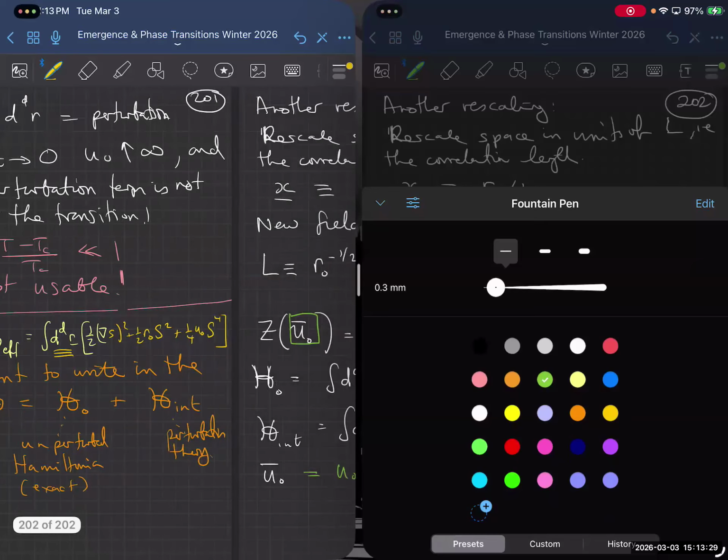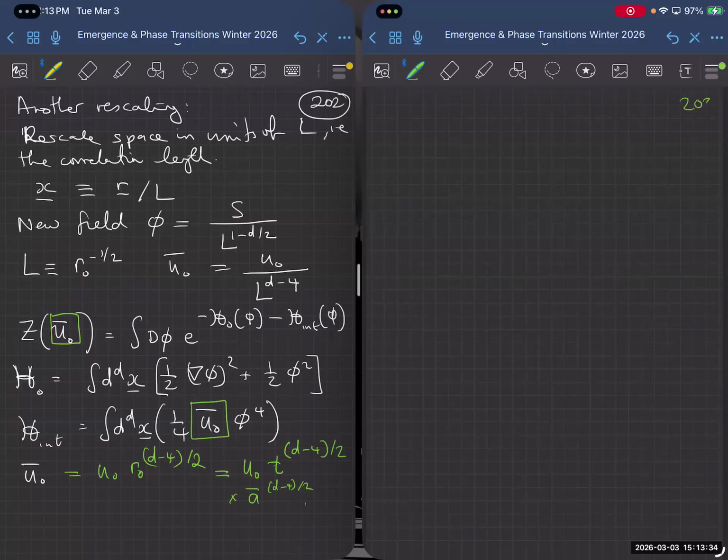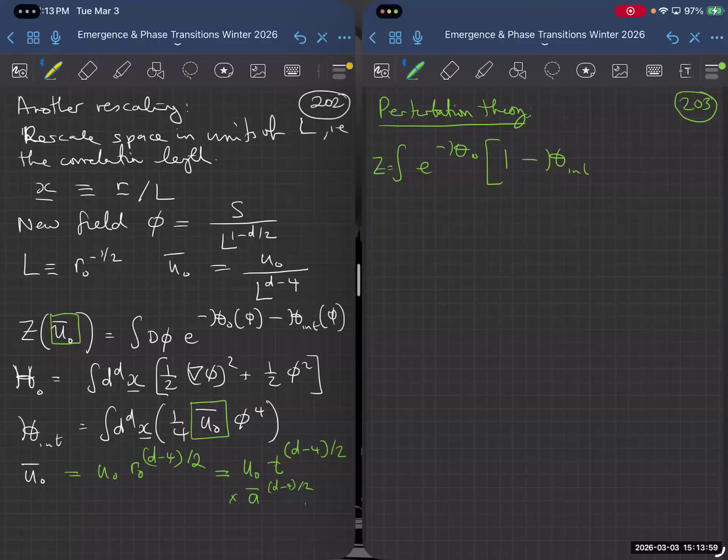Now, when we do perturbation theory, what do we mean by that? What we mean is we take the partition function and we write it as e to the minus H naught, and then we expand the exponential of the interaction Hamiltonian. So it looks like this: 1 minus H interaction plus 1/2 H interaction squared, and so on.